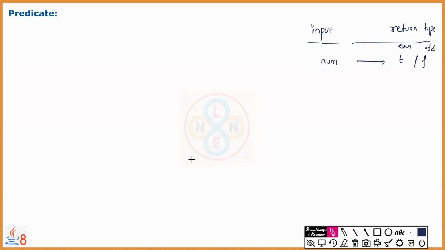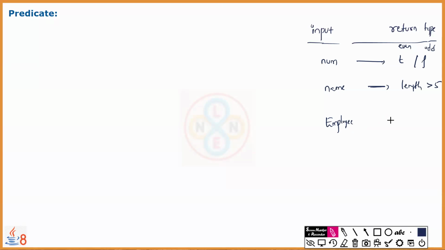Scenario number 1. The next, take a name. If the length of the name, that is the number of characters, is more than 5, then return true, otherwise return false. Then take any employee data, and from this employee data there can be a salary part also, right?